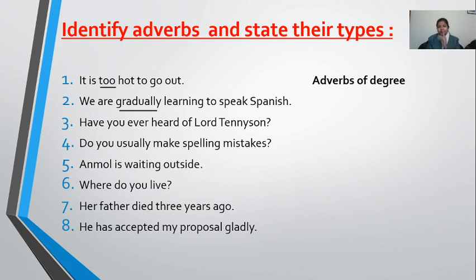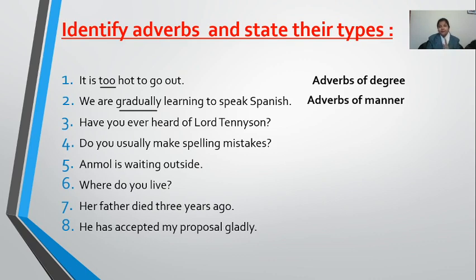See, which word has been used to ask the question? Because I want the same word as my answer, only then I would be able to identify its type. So I said, how are we learning? Gradually. I am using how.